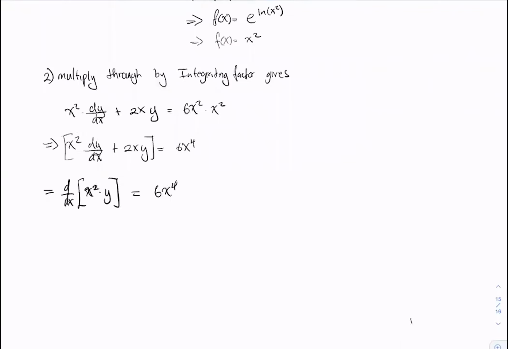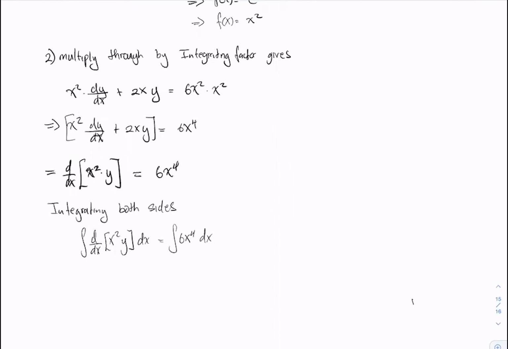So we integrate both sides. Integrating both sides gives us the integral of d dx of x squared y dx equals the integral of 6x to the 4 dx.